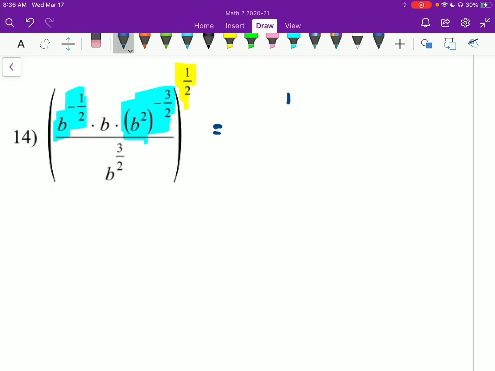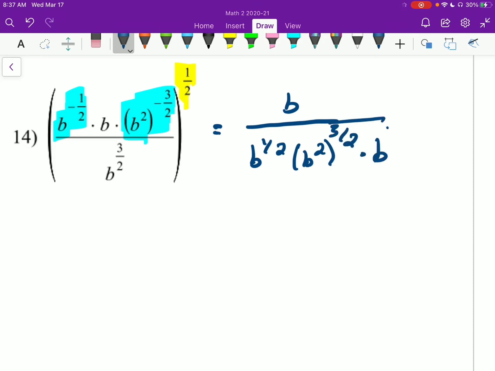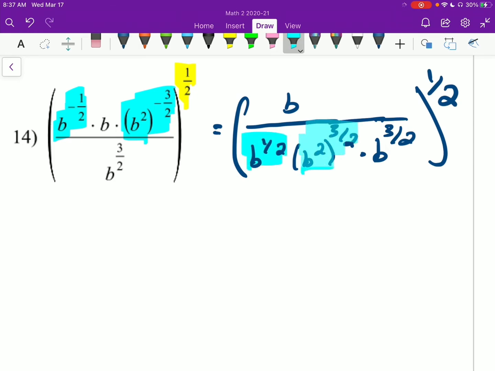So up top, I'm going to be left with just a plain old b. On bottom, I'm going to have b to the 1/2, b squared to the 3/2, and b to the 3/2. And this is all still to the 1/2. This here is our blue highlighted piece from the left equation.